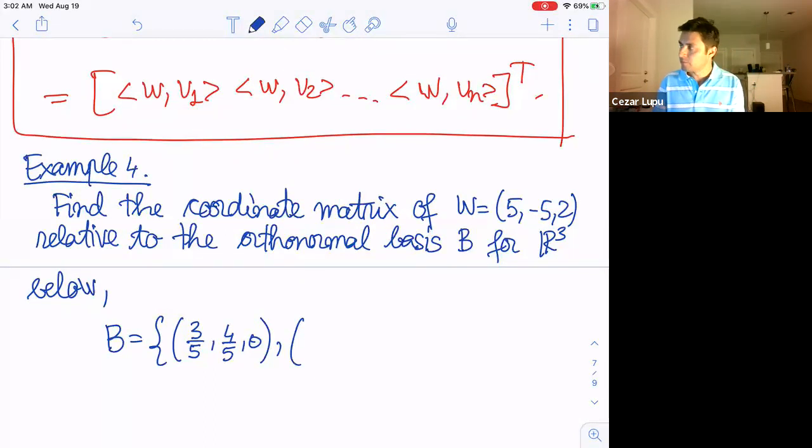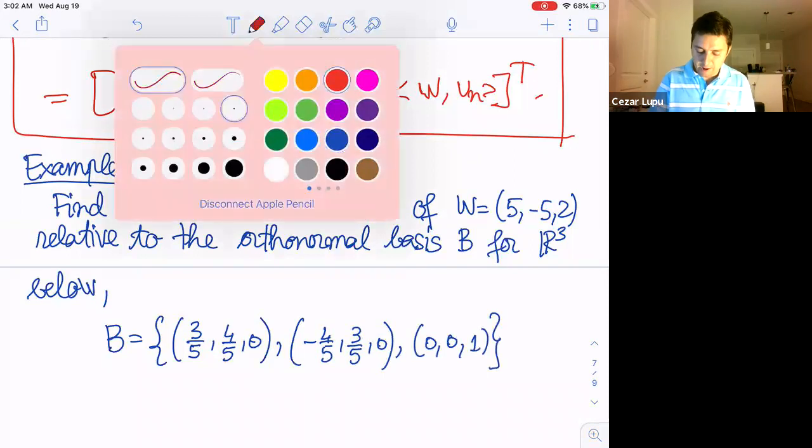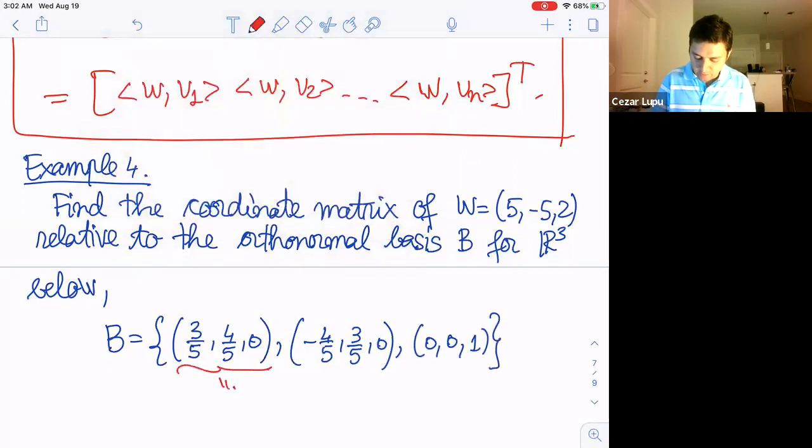The second one will be (-4/5, 3/5, 0). And the last one is (0, 0, 1). We can make things simpler. Let's call the first one V1, this is the vector V2, and this is the vector V3.